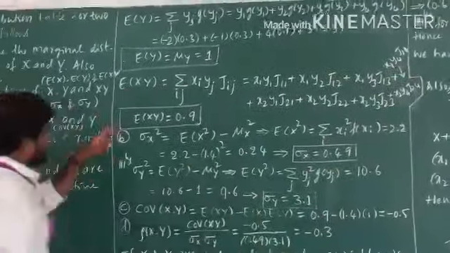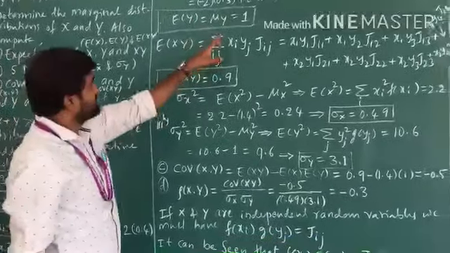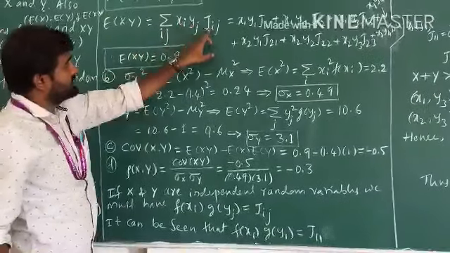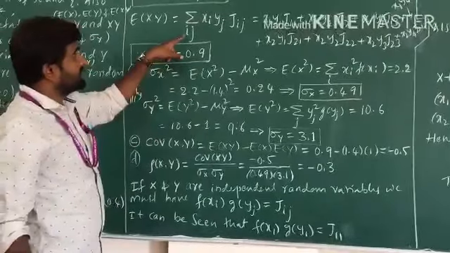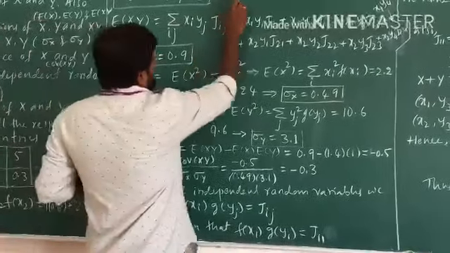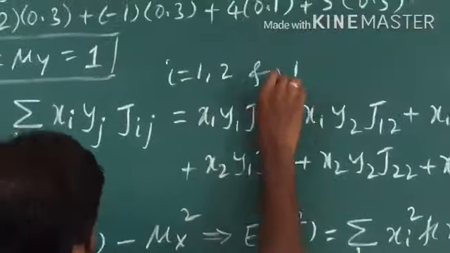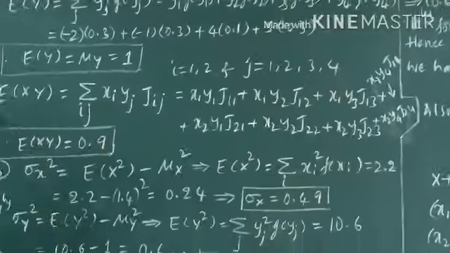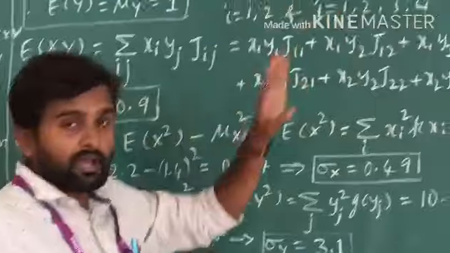Then expectation of x into y, you know the expression, is the summation over i and j of xi yj pij. Here i ranges from 1 to 2 and j ranges from 1 to 4, because x has only 2 values and y has 4 values.